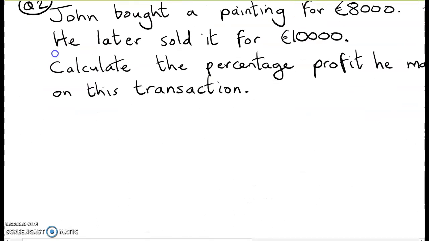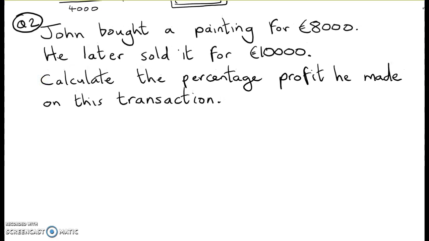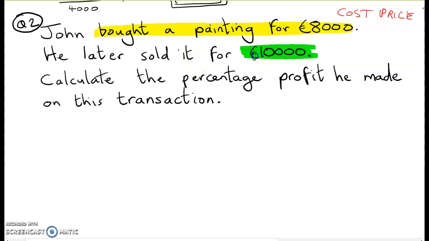Now here's a similar question. John bought a painting for €8,000. This is the cost price. That's how much it cost him. He later sold it for €10,000. So that is the sale price.